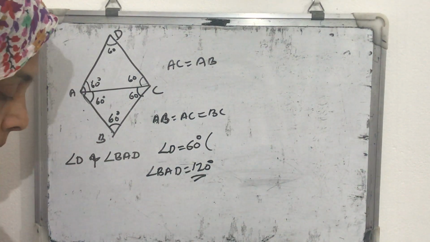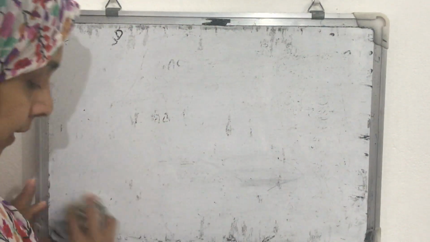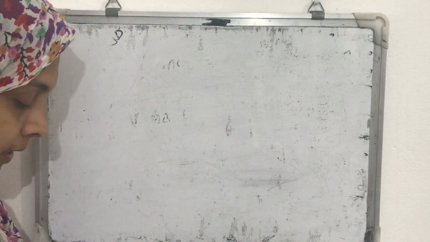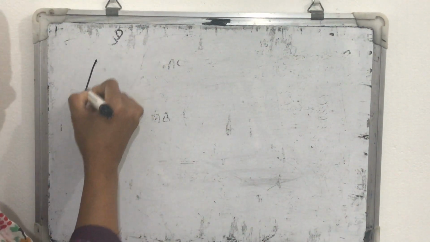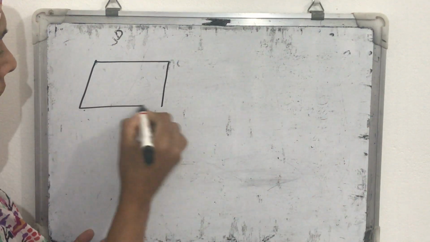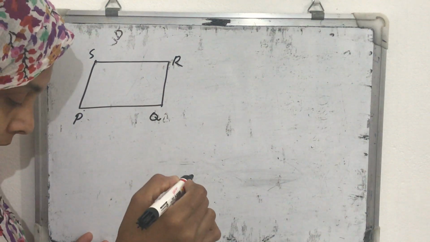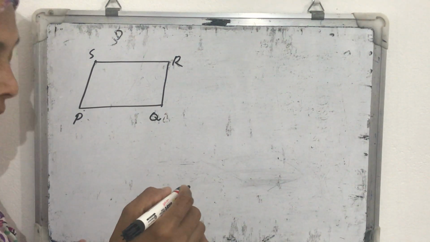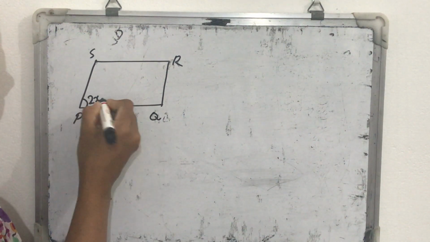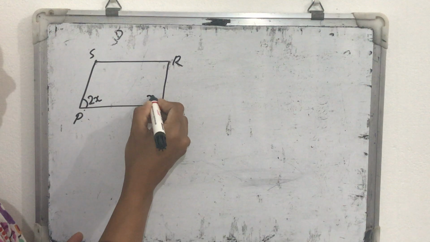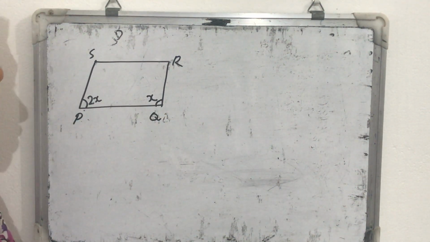Then second question, PQRS is a parallelogram. The adjacent angles are in the ratio 2:1. Find all angles. If PQRS is a parallelogram and the adjacent angles are in the ratio 2:1, we can take the first angle as 2x, then another adjacent angle will be x.